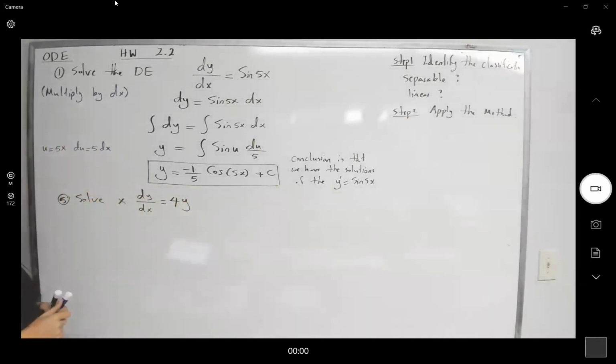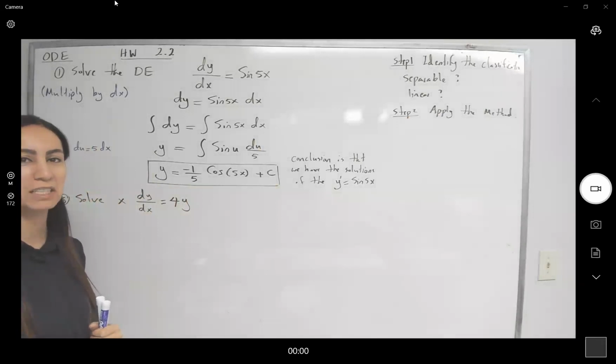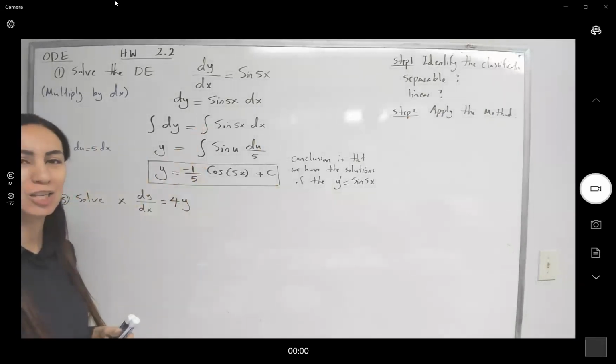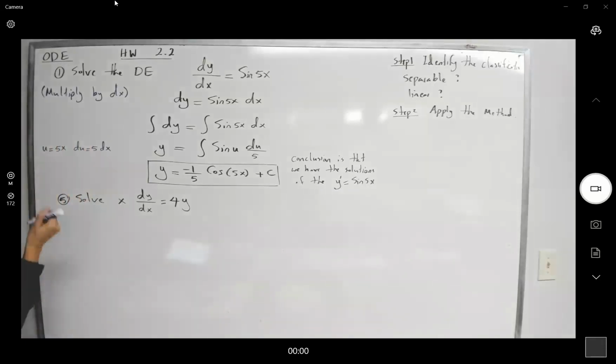Multiply everything by dx, and you can divide by x, you can divide by y to bring all variables related to y on one side, related to x on the other side. So just pure algebra. Multiply by dx.